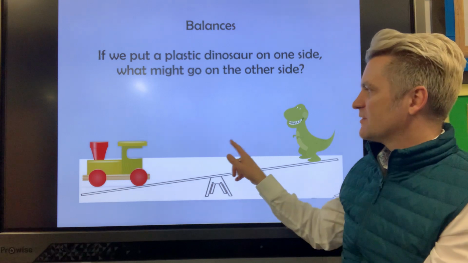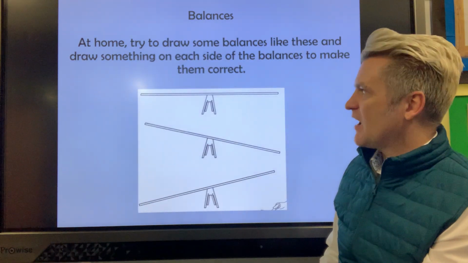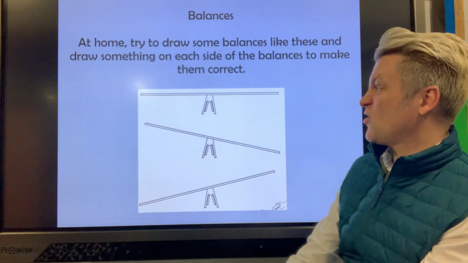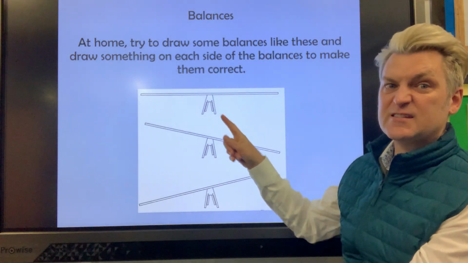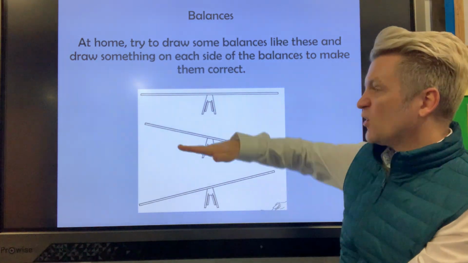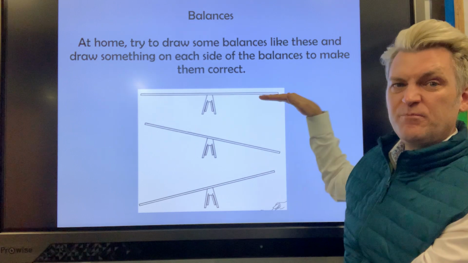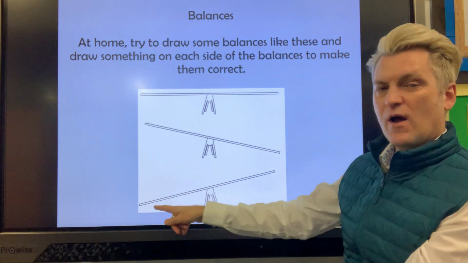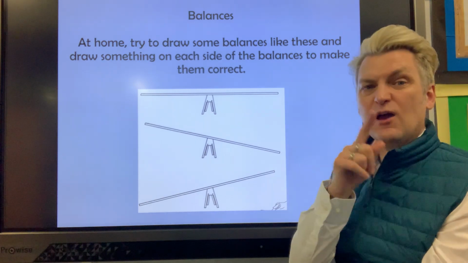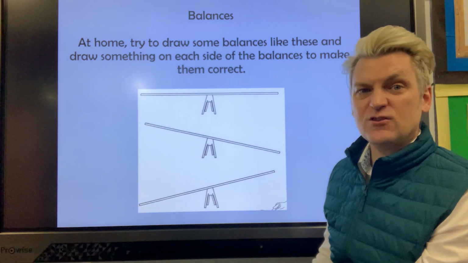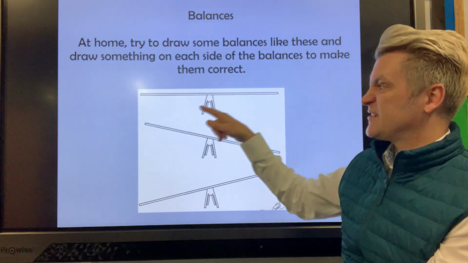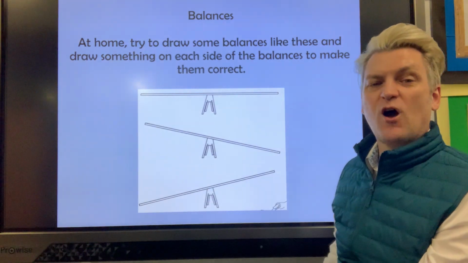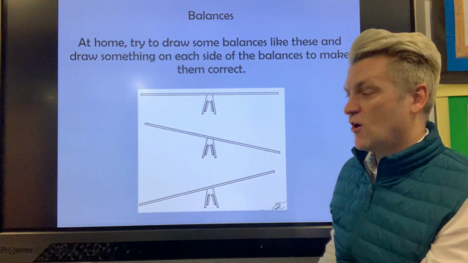Now, the last page here, I've said, at home, I'd like you to try and draw these scales, all right? All you need to have is a straight one. You need to have one where the line's going down and one where the line's going up. And I want you to have a little think. Can you draw 6 things on your scales to make them right?